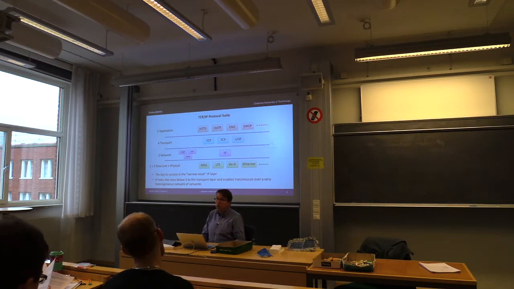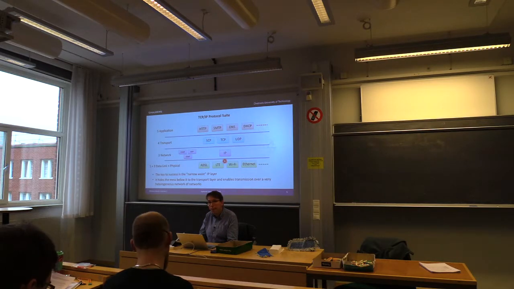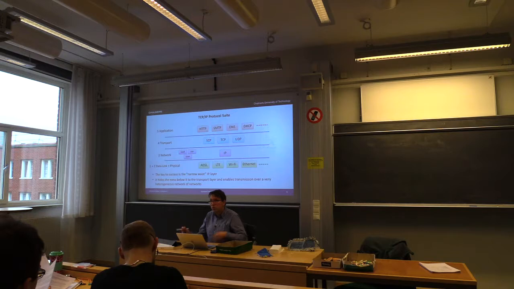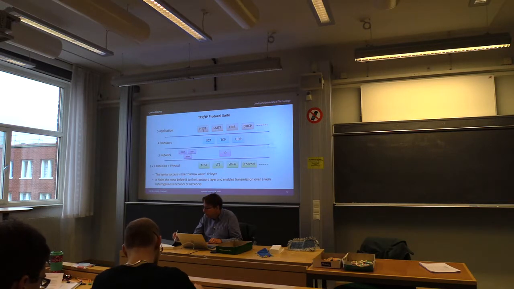And actually the key to success here is that everything goes through IP. Okay, so it's like the main thing that everything goes through. And that turns out to be a very successful thing. So HTTP goes over TCP, which goes over IP, and maybe that goes over Wi-Fi. I don't know. DNS goes over UDP, which goes over IP, which maybe goes over 4G.